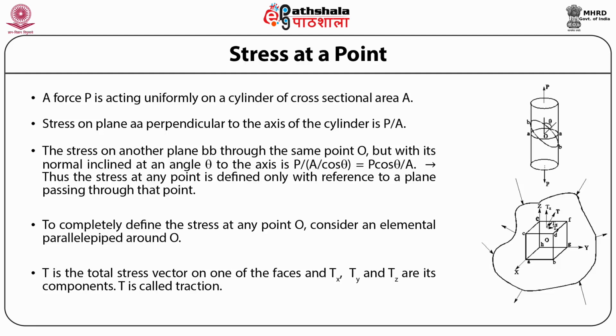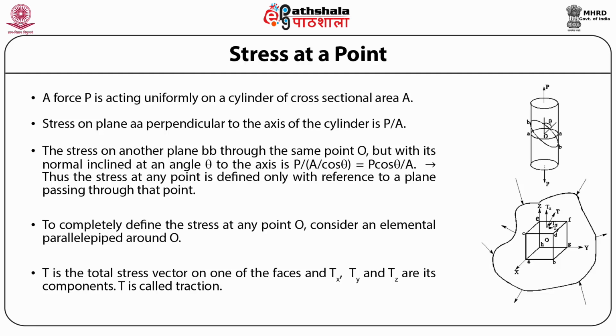So to define uniquely the stress at a point, we need to know the stresses acting on three mutually perpendicular elemental planes passing through that point, as shown in the figure below. The coordinate axes are taken to be parallel to the edges of the parallelepiped.